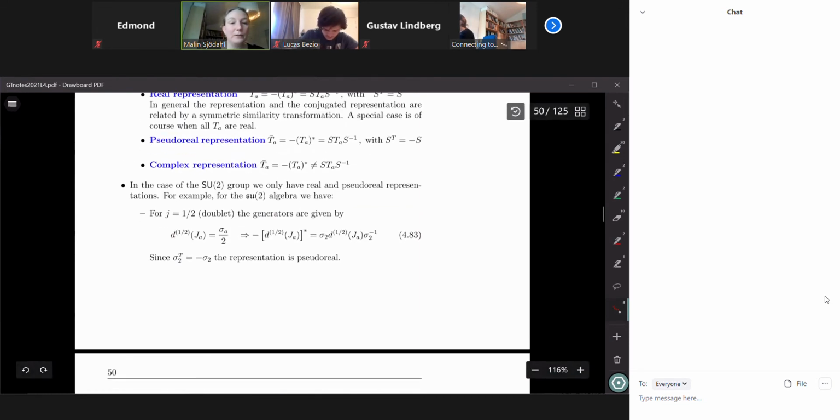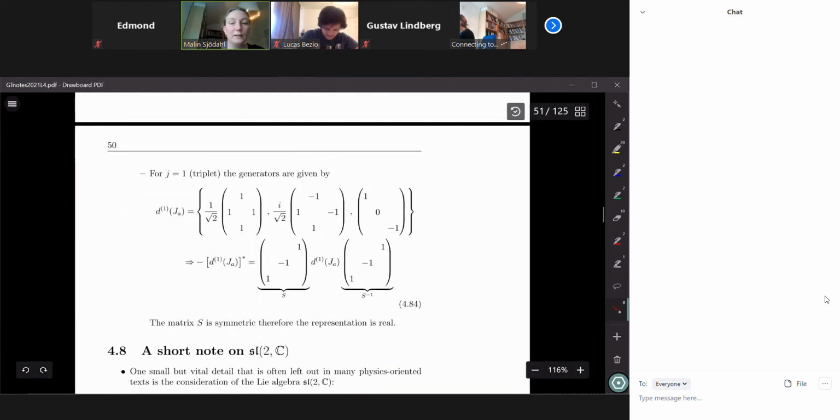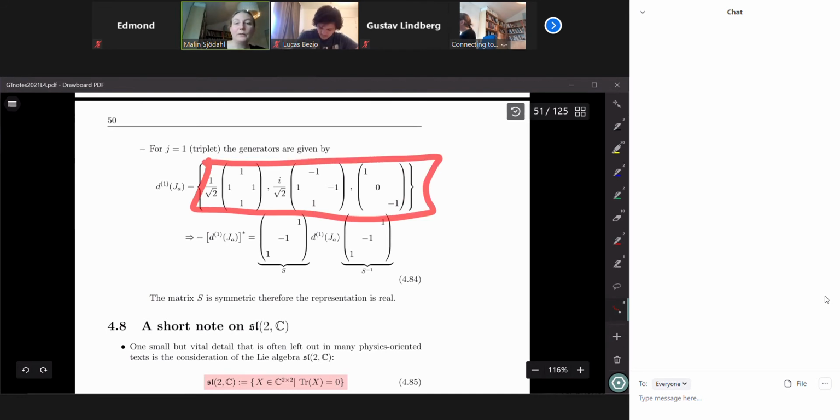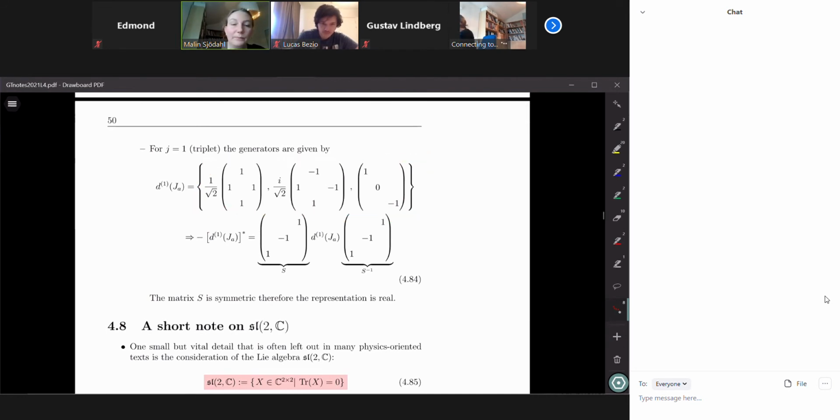pseudo-real representation. And similarly, one can do that for the spin 1 representation, where we at some point had this form of the generators.